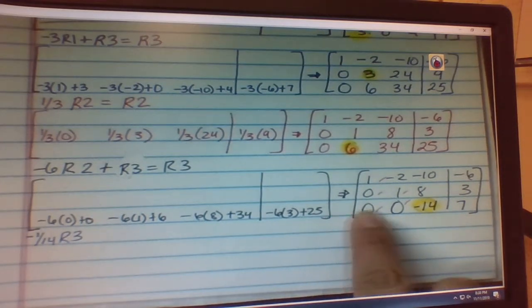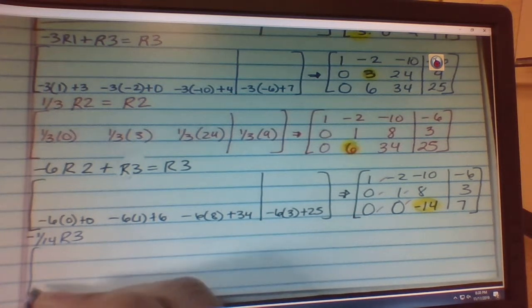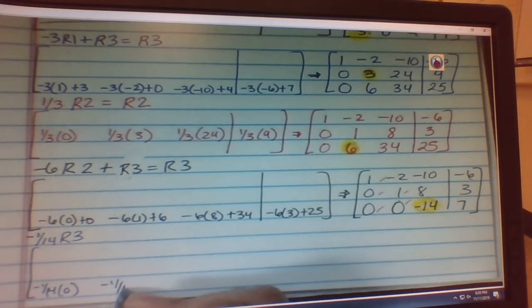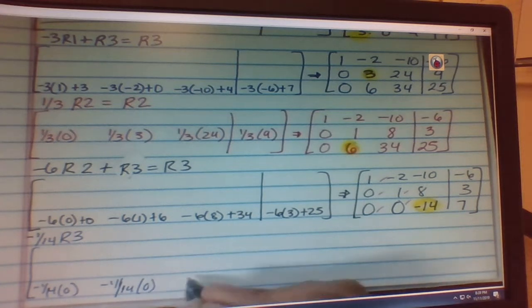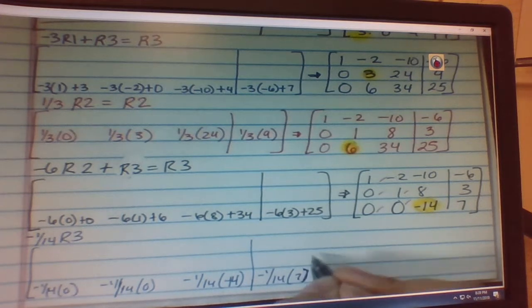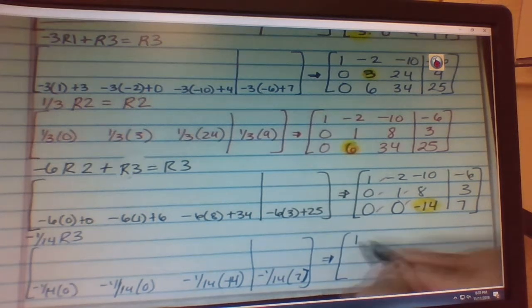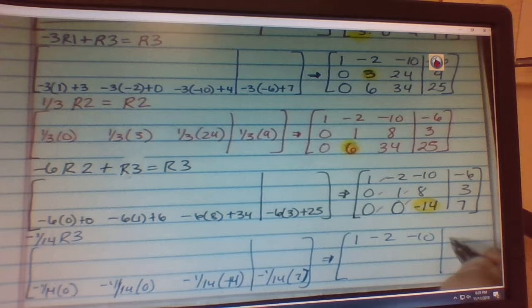So all row 3 gets multiplied by negative 1/14. Negative 1/14 times 0, negative 1/14 times 0, negative 1/14 times negative 14, negative 1/14 times 7. First rows, nothing happens. 0, 1, 8, 3, 0, 0.